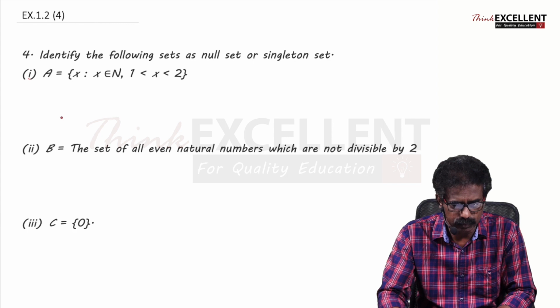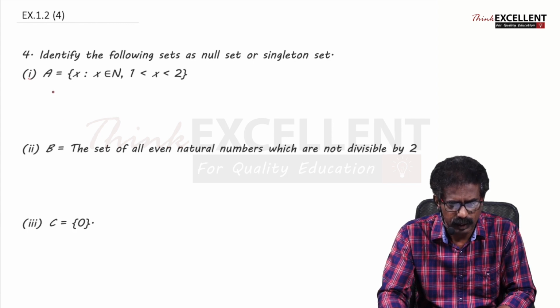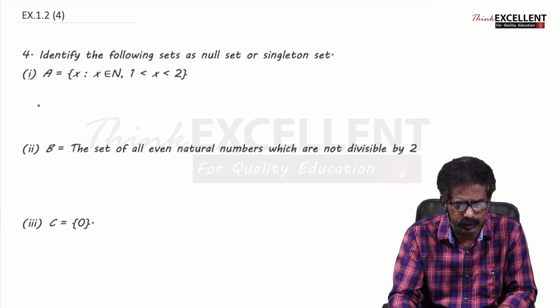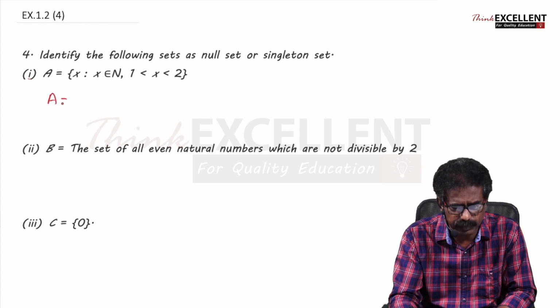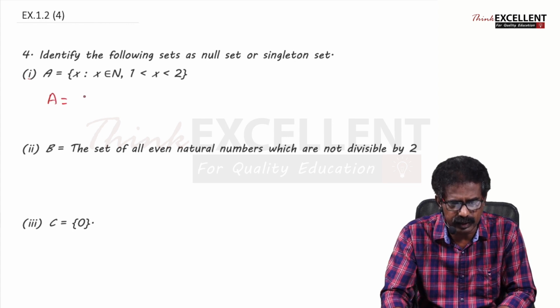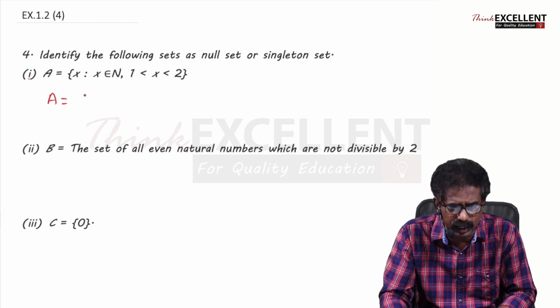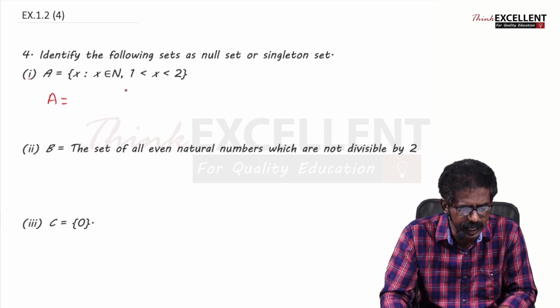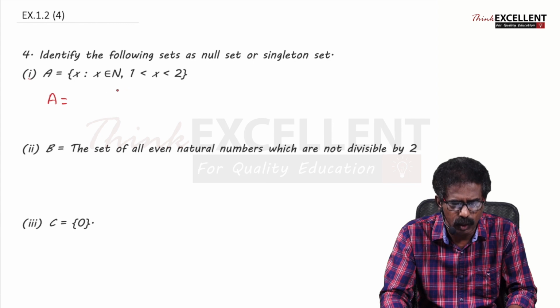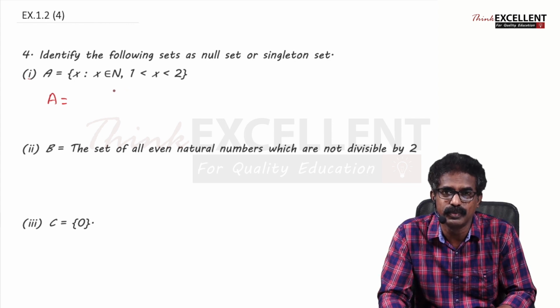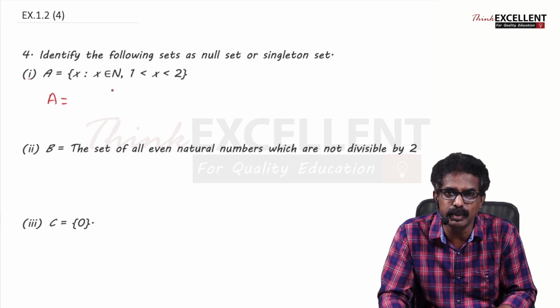Look here. A equal to, it is given in set builder form: the set of all x such that x belongs to N, x is a natural number, and x lies between 1 and 2. Can you find a number between 1 and 2?